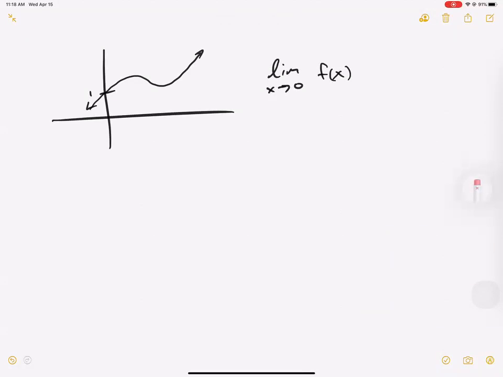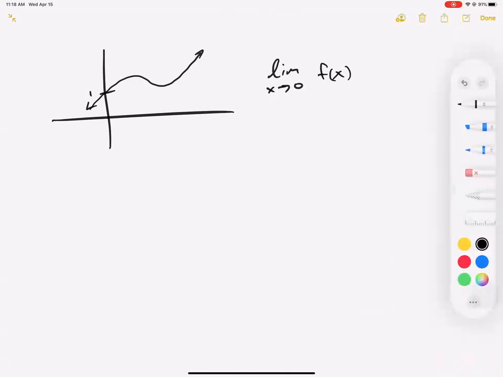Well, if this is my graph, f of x at 0, what does it look like? The y value looks like it's going to be 0. So if you're given a graph, a limit for the most part is what's the point there? And for 99.9% of life, it's always just the point there.